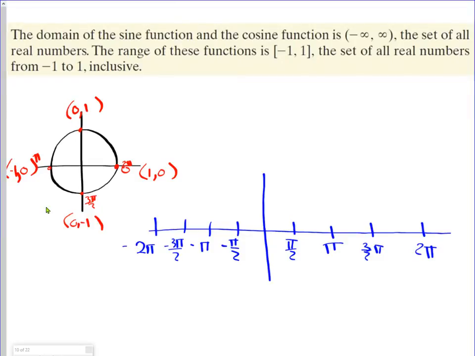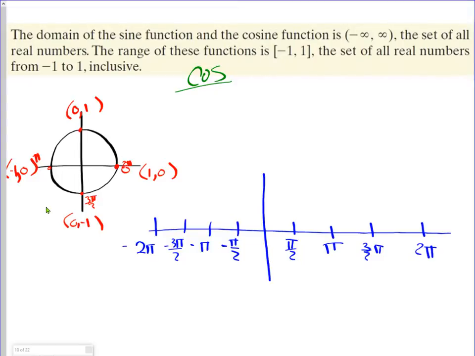What did I say we're working on first? I said I wanted to work on cosine first, right? And I asked you last week to associate cosine with one specific variable. It was x, right? So x is kind of sideways, and then what comes out is going to be the y value. So let's go to 0 radians. What is my x value at 0 radians?